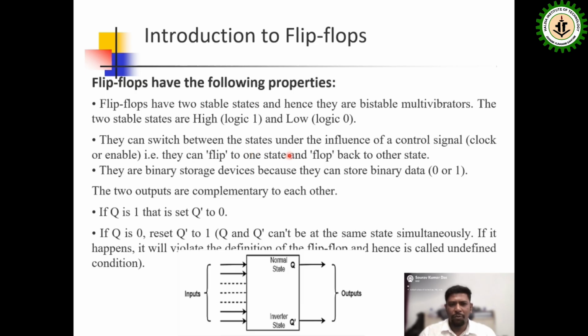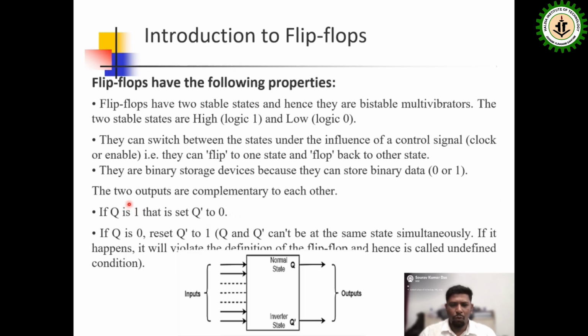They can switch between states under the influence of a control signal, clock or enable signal. Flip means one state, and flop means going back to the other state. That means a flip-flop can store one bit of data, that is 0 or 1.